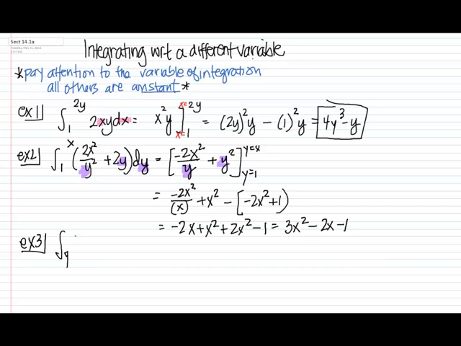One more example. The integral from y to 2y of x squared plus y squared dx. So when we integrate x squared, we get 1/3 x cubed. And over here, we just have xy squared. So we're going to be plugging in x equals y to x equals 2y.